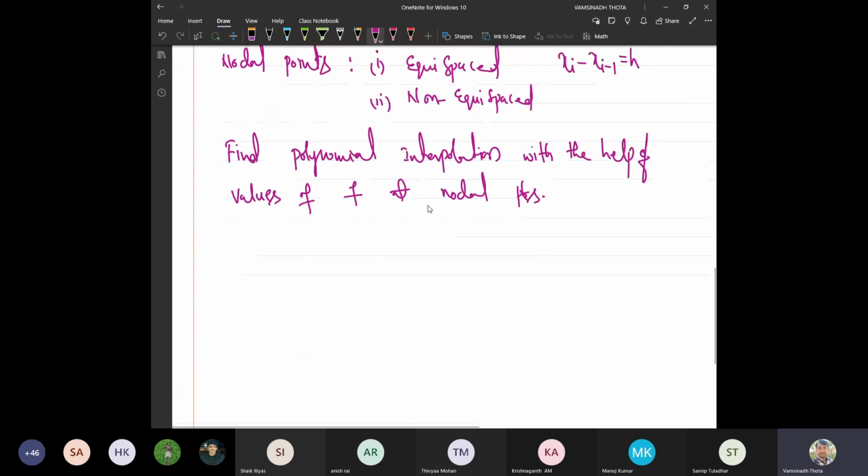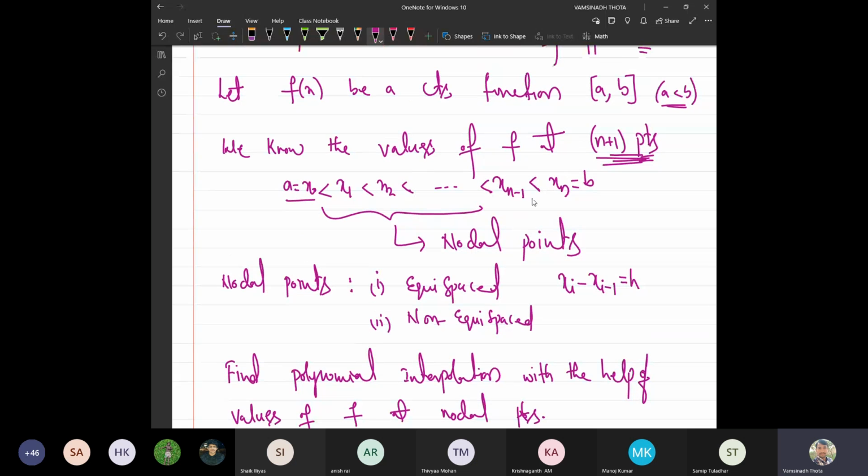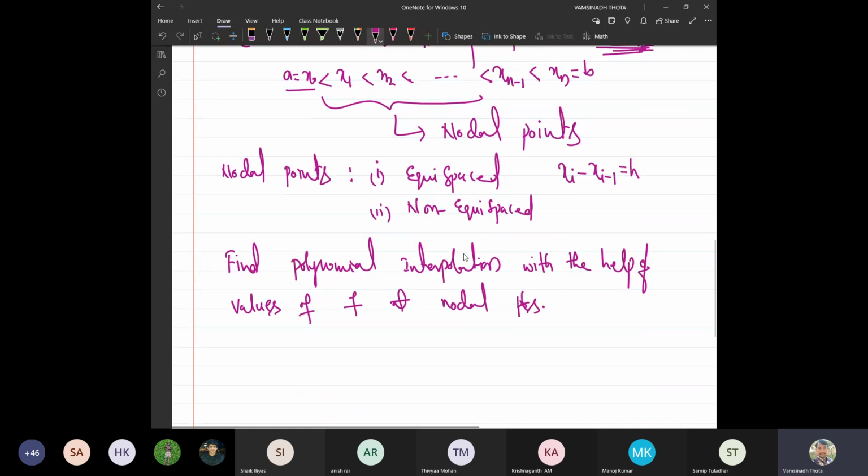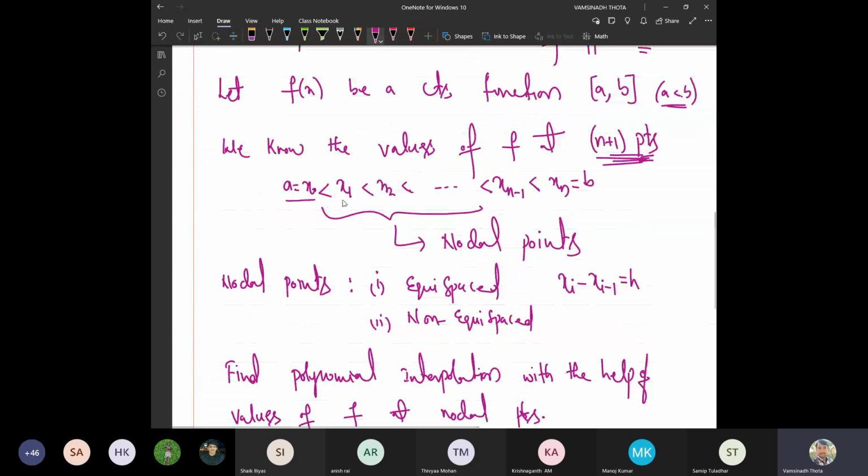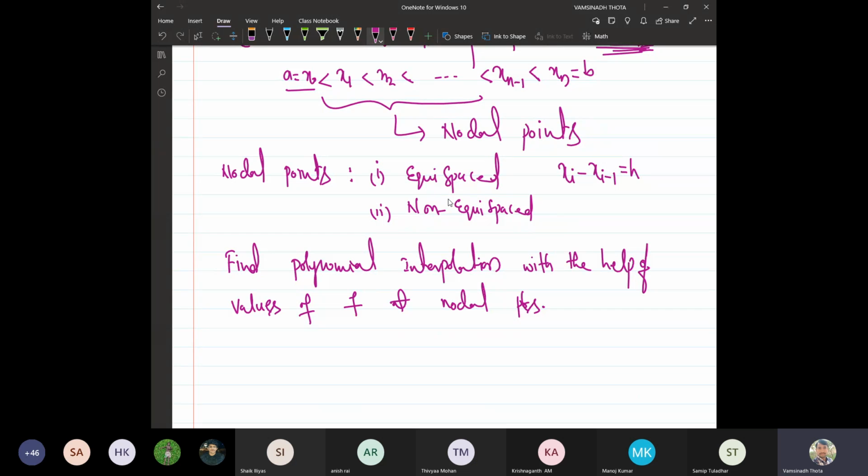Since we already know the data at some finite number of points, then while constructing the polynomial interpolation, why don't we use it? If we use it, then we will get a better approximation, right? So the first thing is we are going to use the values of the function f at the nodal points in constructing the interpolation polynomial.